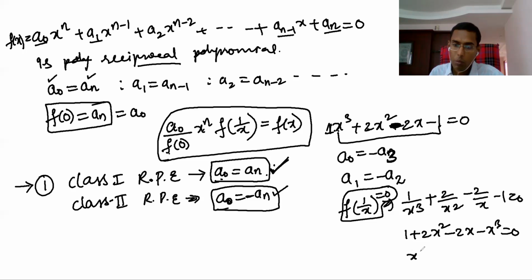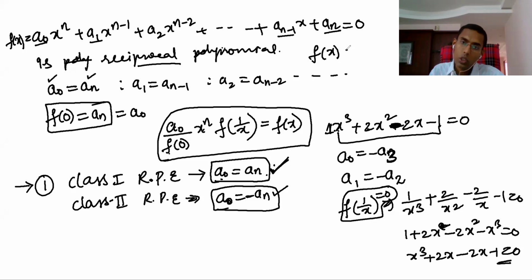If you take minus common, you get x cube minus 2x square plus 2x minus 1 equals 0. You are getting the same. So for a reciprocal equation, f of x equal to 0 is given; if you replace x by 1 by x, you will get the same equation.